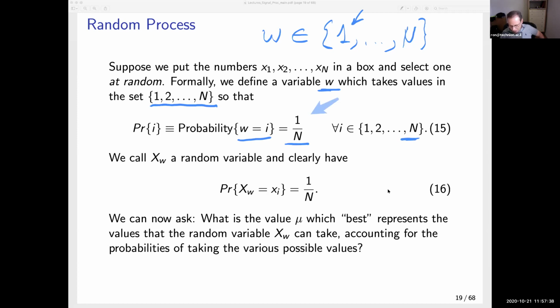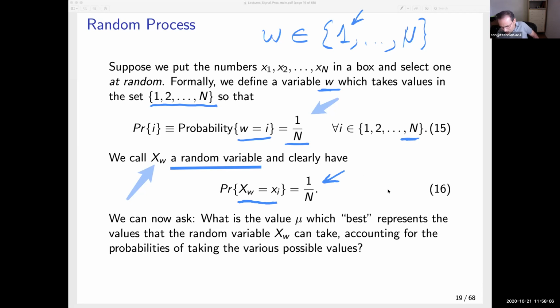We call X of W a random variable. The probability of the random variable being equal to xi is 1 over n in our specific case, or it could be any other weight if we choose not to have a uniform distribution.